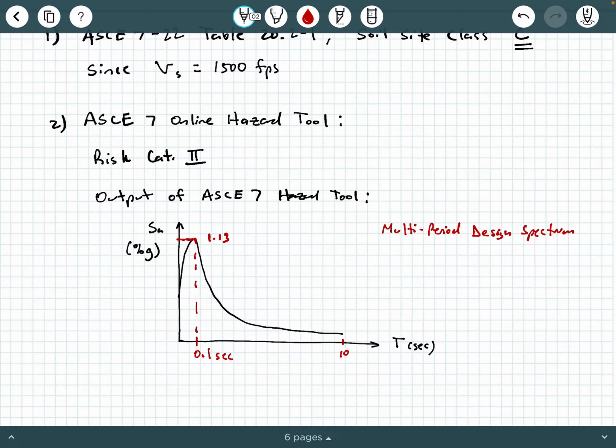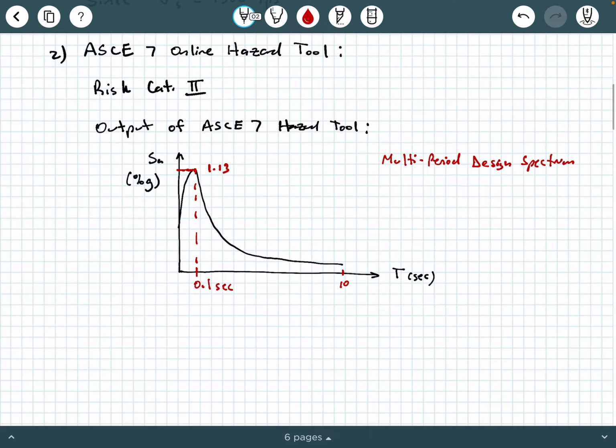So if you recall, a multi-period response spectrum is generated with 22 distinct periods, and you can use linear interpolation to extract values in between discrete points. So again, do this yourself with the ASCE 7 online hazard tool.